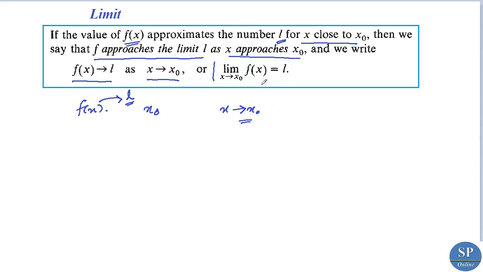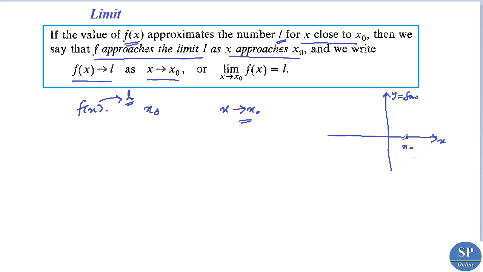L. Okay, so in that case, if we plot the curve, we have two axes. This is for x and this is for y. Y is equal to f of x. Let this point be x naught.